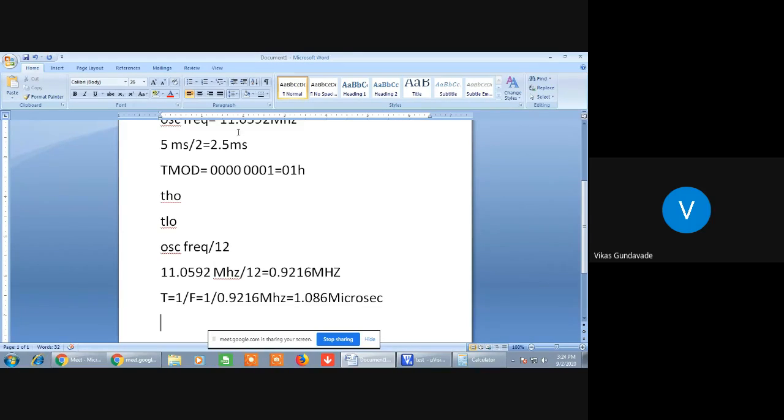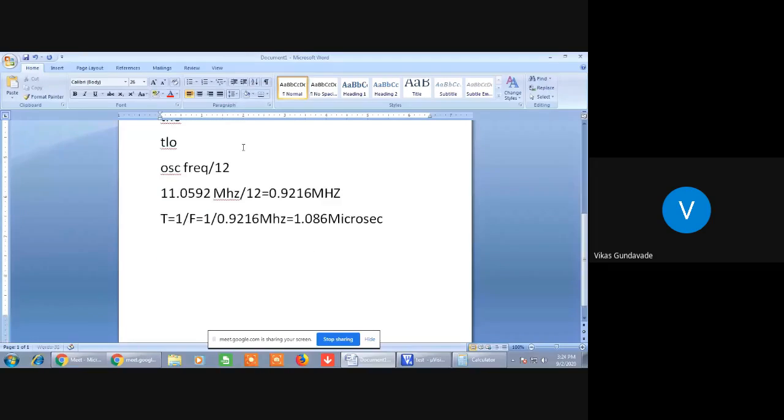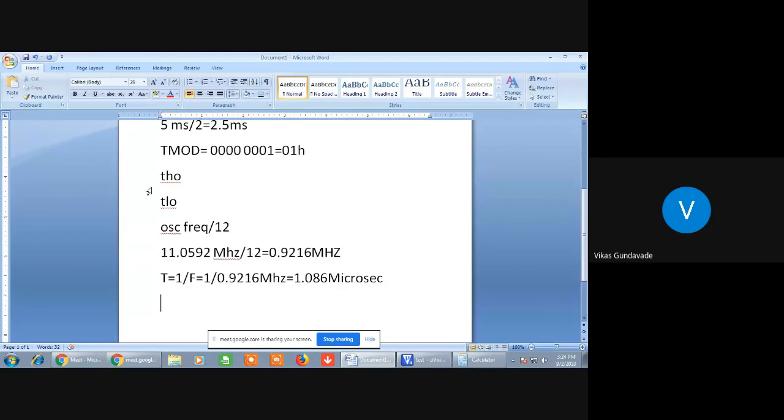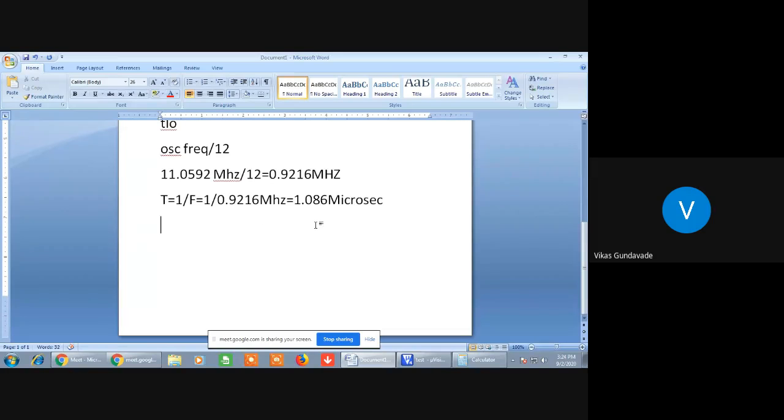Okay. Now, how many clock pulses do we require to generate a 2.5 millisecond delay? That we need to calculate.